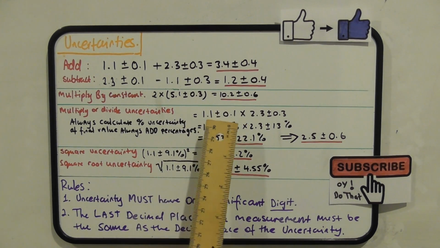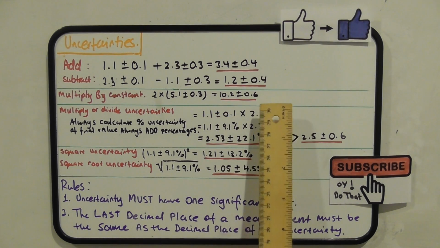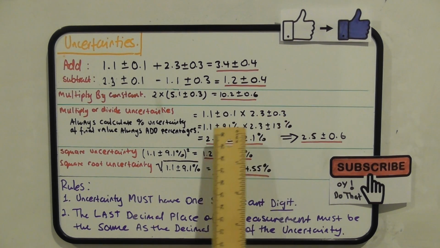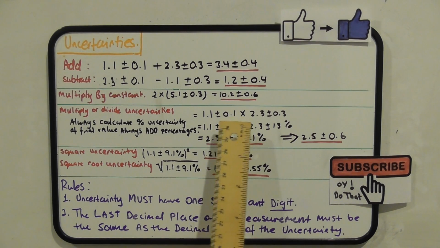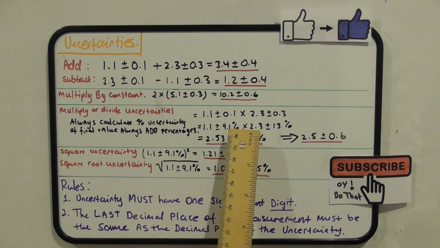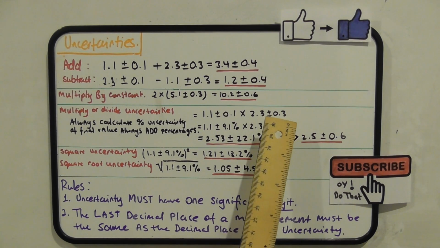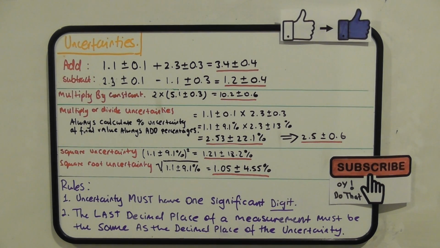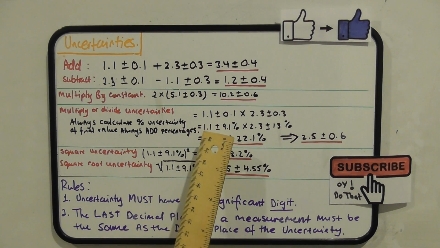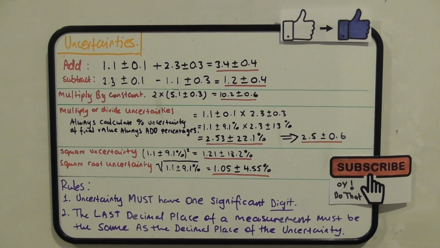So in this case, we have this value and this uncertainty, and this value and this uncertainty. We figure out that the percentage value 0.1 has in 1.1 is 9.1%, and 0.3 in 2.3 is 13%. And then when you perform the operation where 1.1 multiplies by 2.3, you would add the percentage uncertainties.